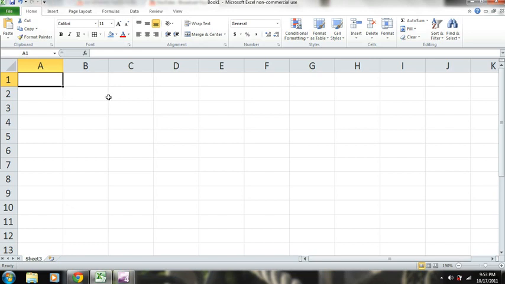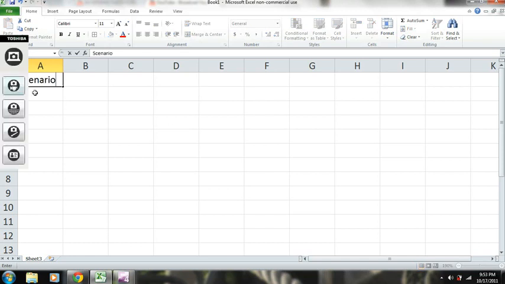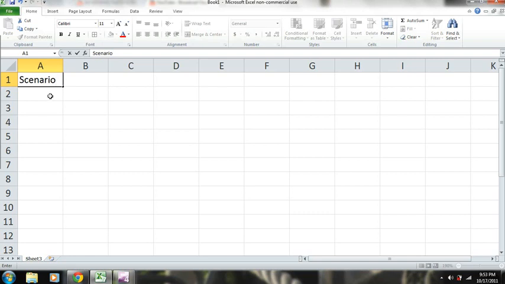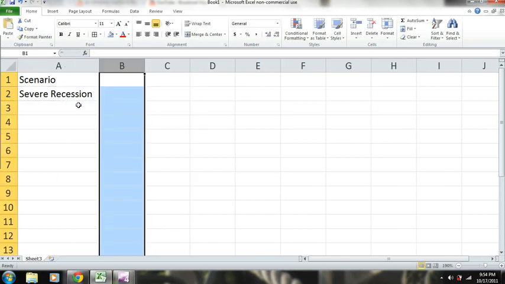Okay, so the first thing that we need to do is identify our scenarios. So I'm going to go ahead and start building this scenario analysis. In our example, we're going to use the different states of the economy. Severe recession.